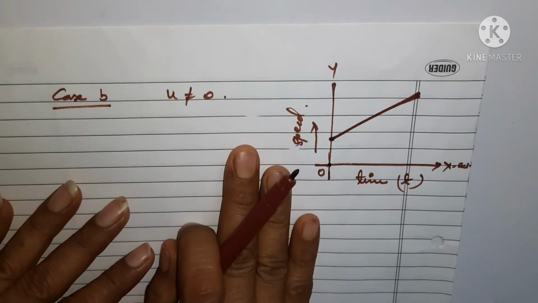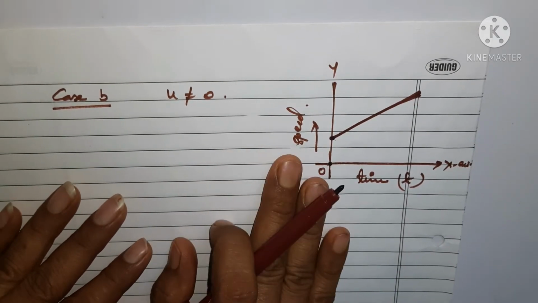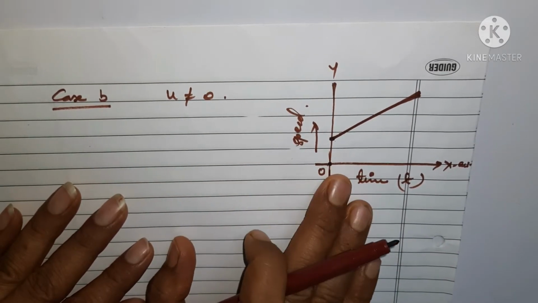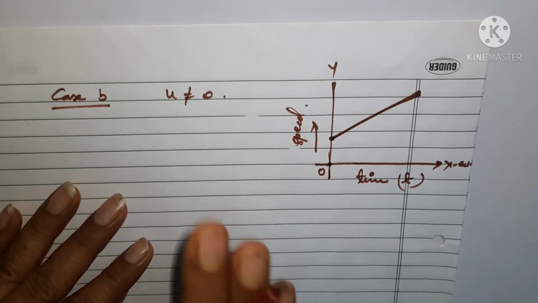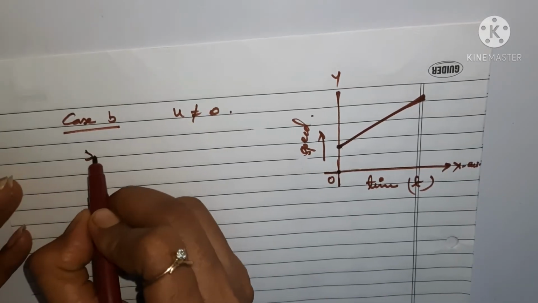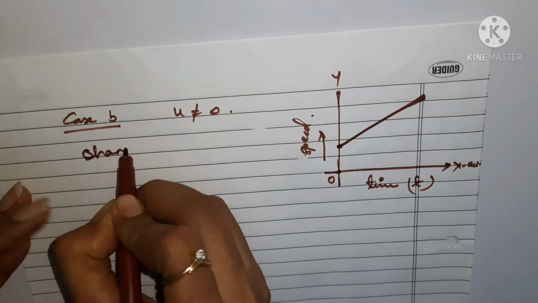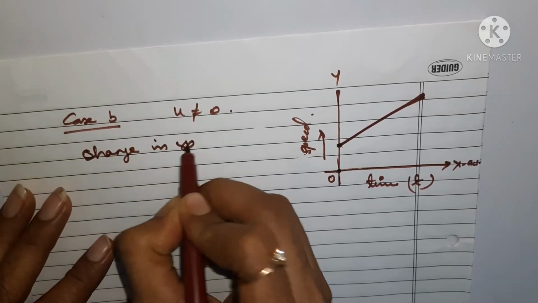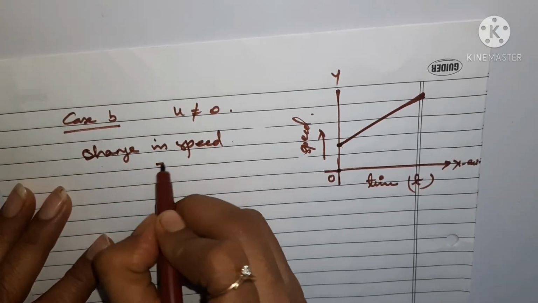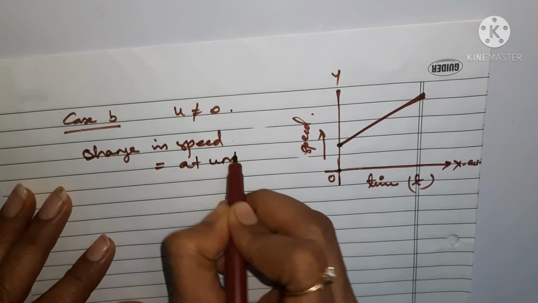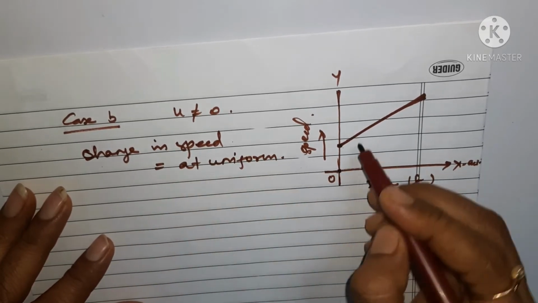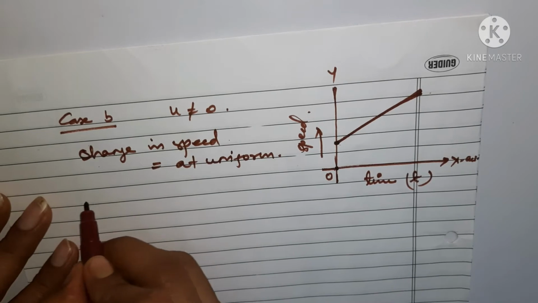In such cases where the body is in motion but the initial velocity is not 0, if the change in speed is at a uniform rate, again the same situation will be there.